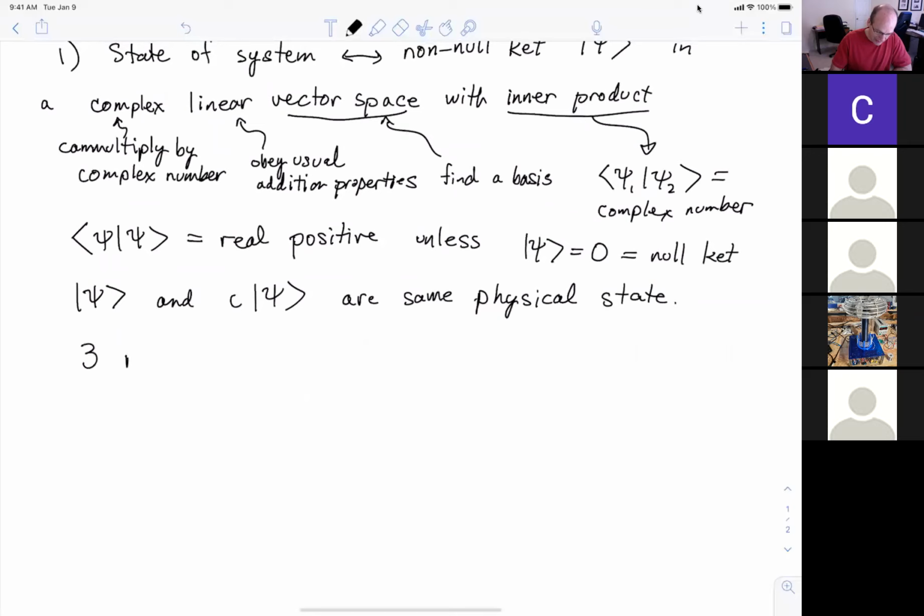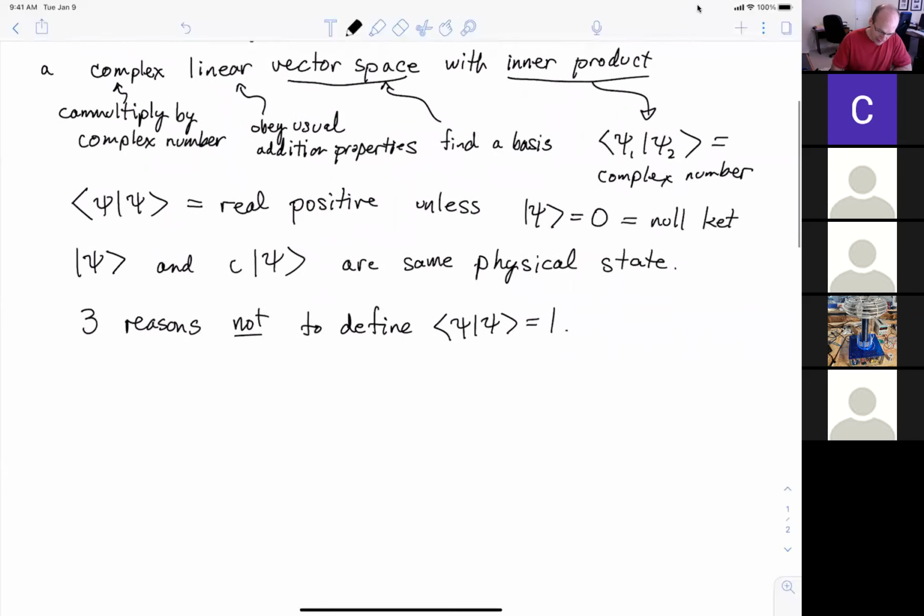But there are three reasons, at least that I can think of, not to just define that the norm of a state is 1. And they're all sort of practical things. The first one is that some kets can't be normalized.